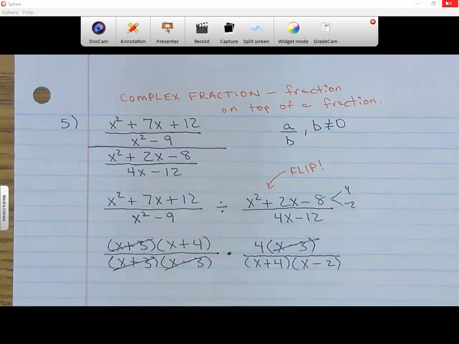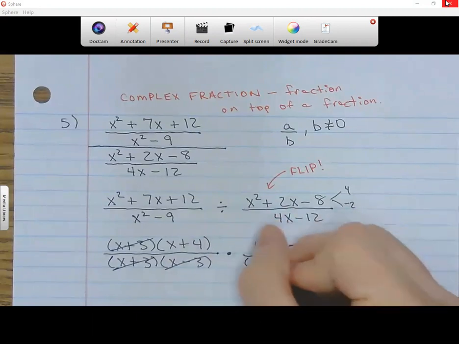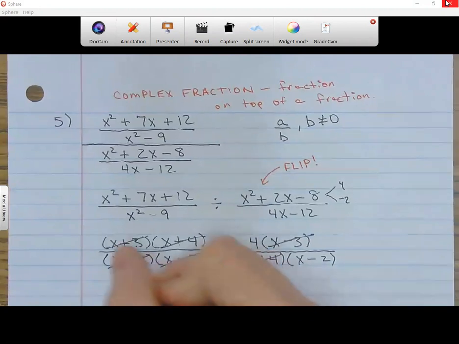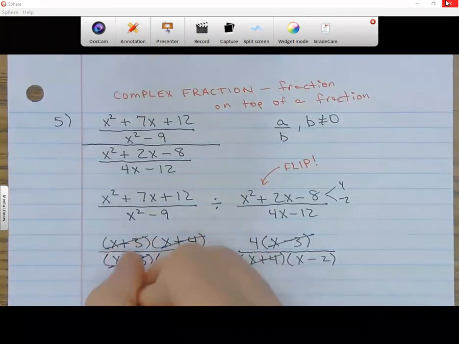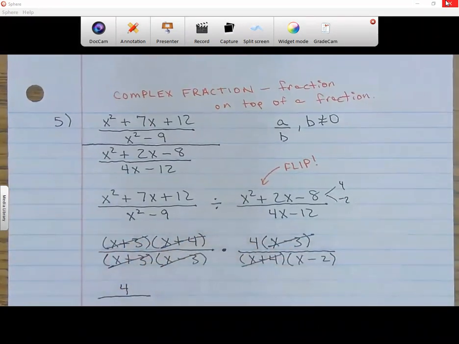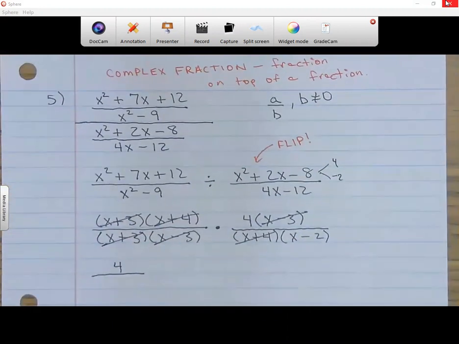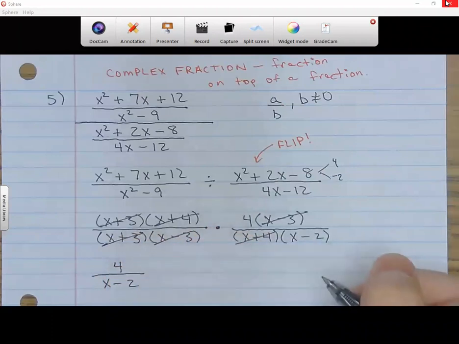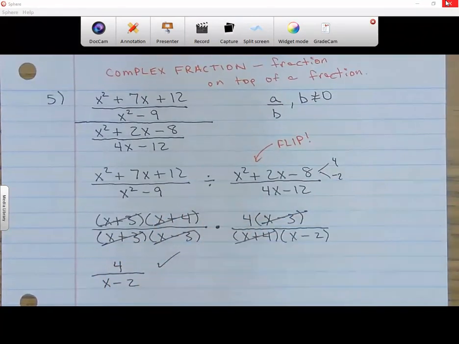The x plus 4's, right? Those match up, so those are gone. So really, all I have left on the top is a 4, and the only thing I have left on the bottom is an x minus 2. And I'm done. Okay, so that's a complex fraction.